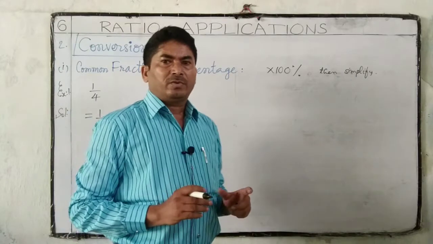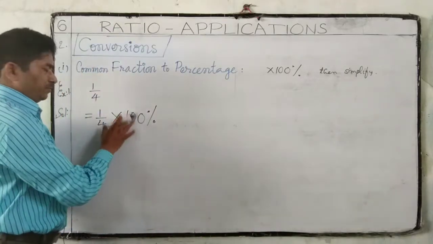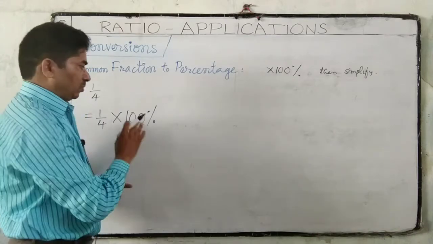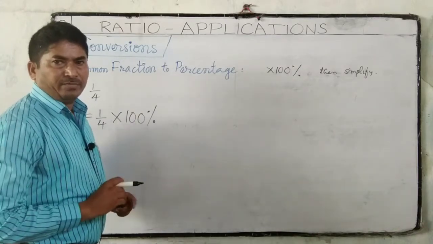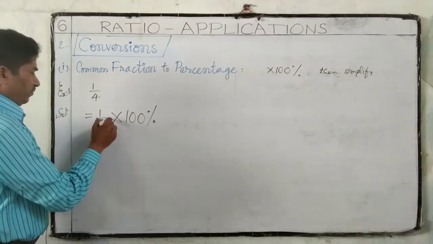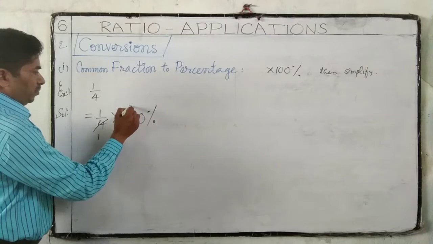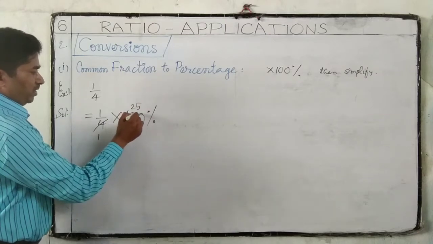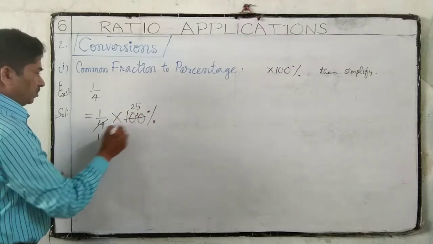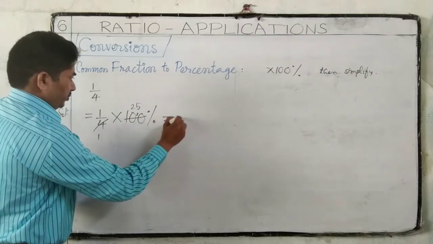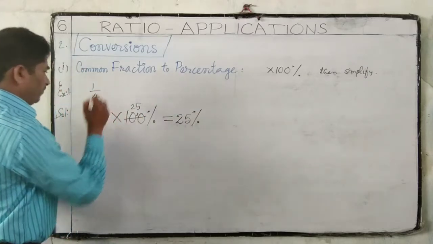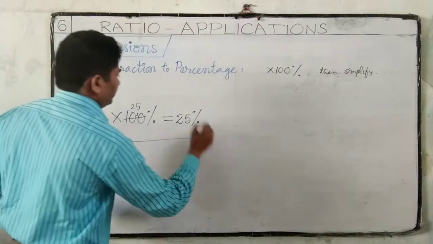Simplify means if there are any common factors for numerator and denominator, then cancel with those common factors. 4 ones are 4, 25s are 4 twos are 8, 4 fives are 20. So 25 percentage. 1 by 4 is equal to 25 percentage.